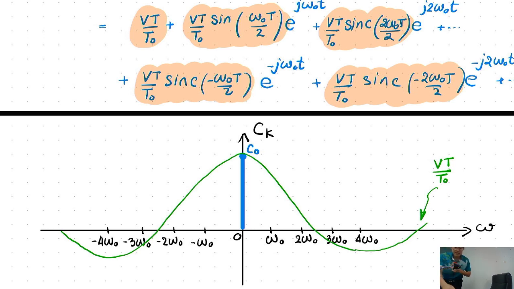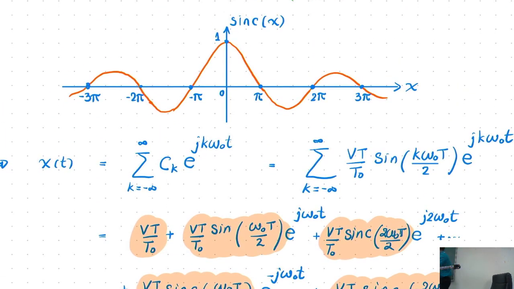And then you plug in k omega 0 as omega. You take this whole product here, k omega 0, and plug it in as omega. So it would be sinc, sorry, sinc omega t over 2.